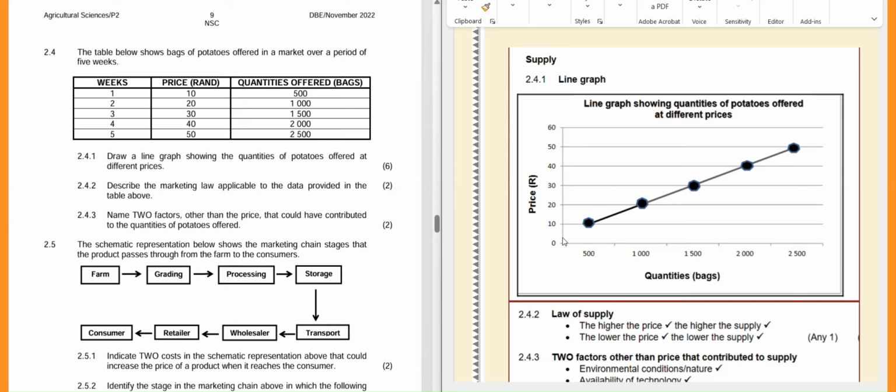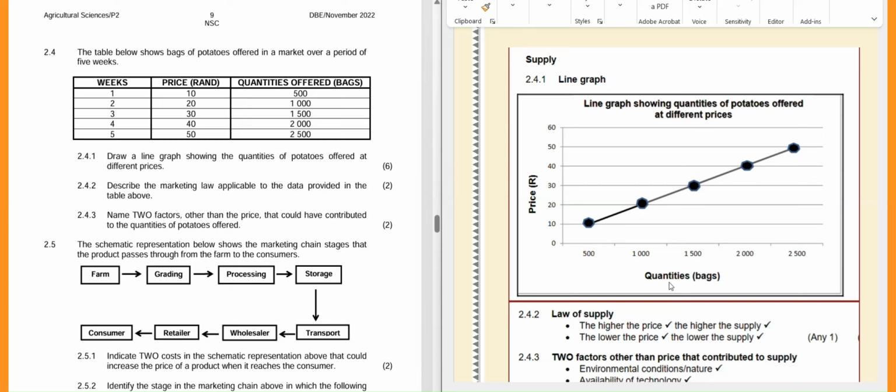We don't say 0, 10, 40, 100, 120. No, we use the multiple. Here we said 10, 20, 30. It stays consistent.